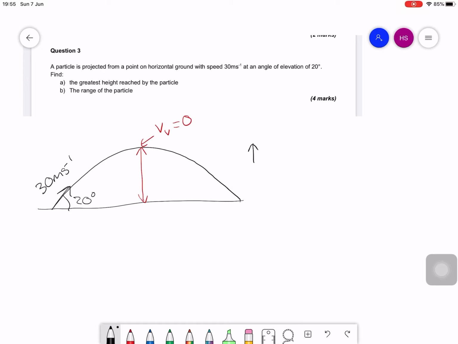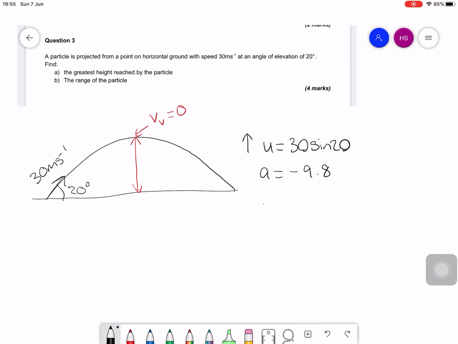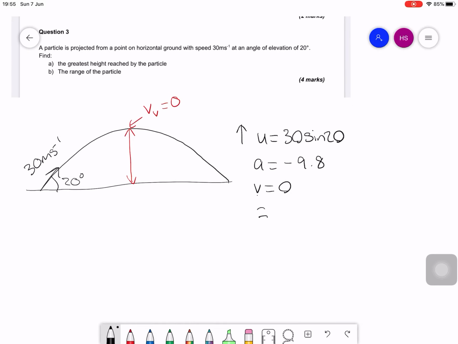If I take up as positive, the initial velocity upwards is 30 sine 20. The acceleration is due to gravity, acting downwards, so that's minus 9.8. As we've said, we're looking for the point where v is 0 and I'm after the greatest height, so I'm after s.